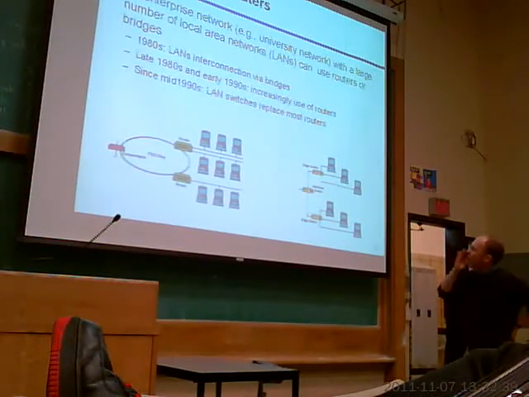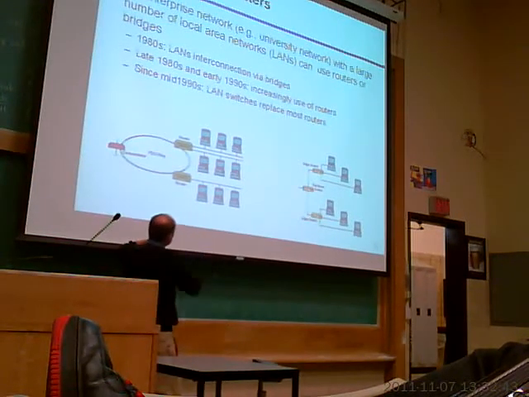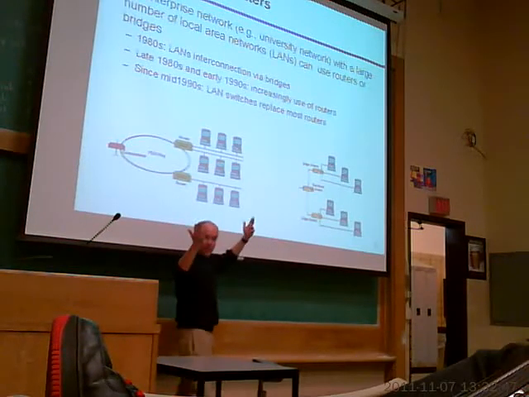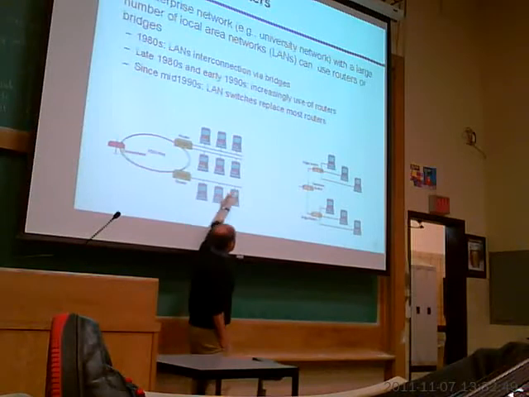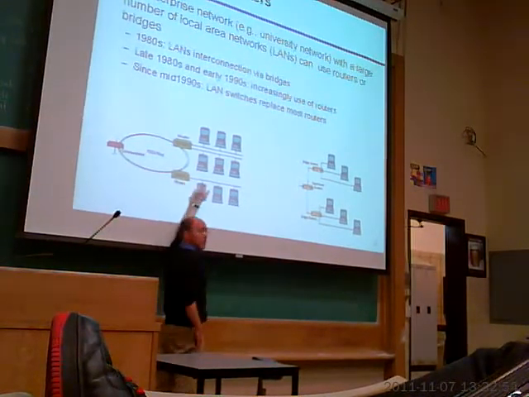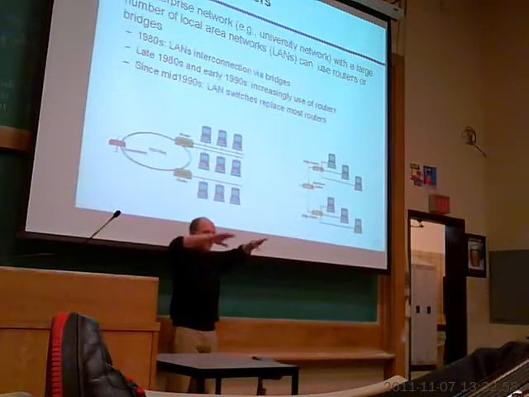In the 80s, the example was really this: campus or enterprise networks had bus local area networks, which would be, for example, one floor of an office building.